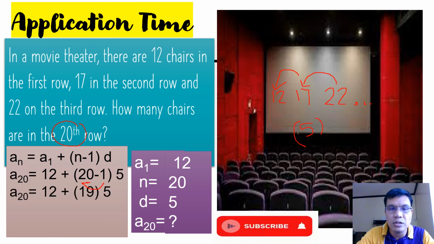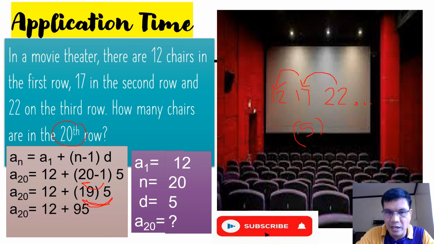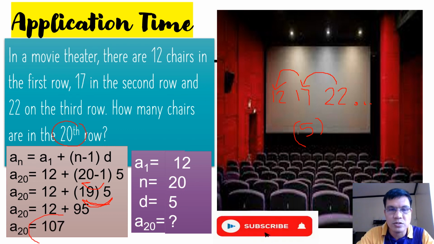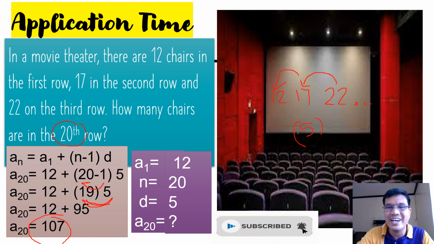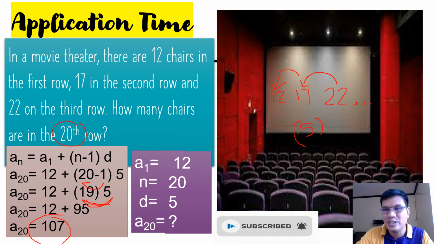And that 19 to be multiplied by 5, yung common difference natin, 19 times 5. 19 times 5 is 95. And 95 plus 12, the answer is 107. So, the 20th row consists of 107 chairs. Okay. Good job mga kamatters.